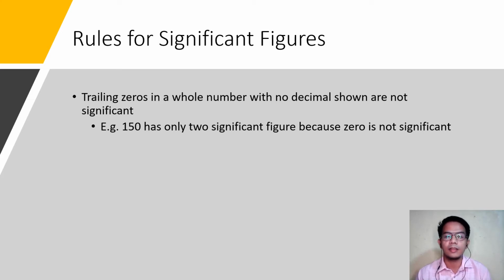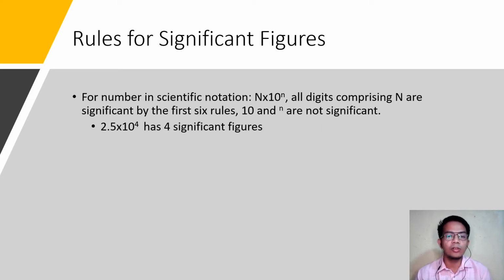point. Then, for the last rule, for a number in scientific notation, for example, n times 10 raised to negative n, all digits comprising n are significant, but the 10 and the exponent are not significant. So, 2.5 times 10 raised to 4 has two significant figures.